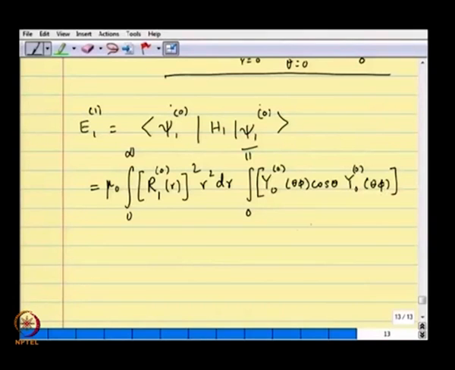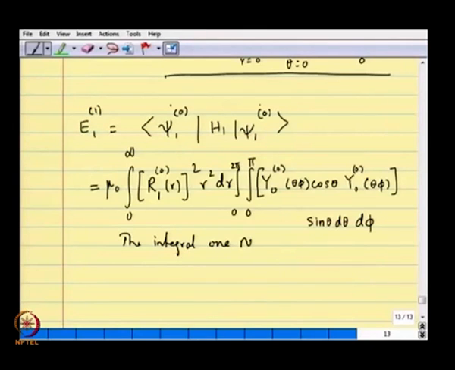This is the angular part multiplied by sin theta d theta d phi, and since there is no phi dependence here, we can also write this as 0 to 2 pi. Let me make sure that the pi is associated with the theta integral, and this is the integral that one needs to evaluate.